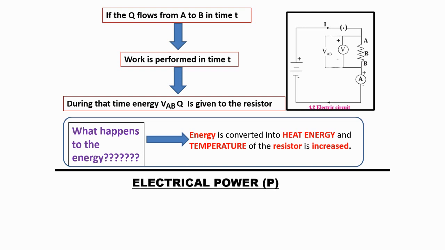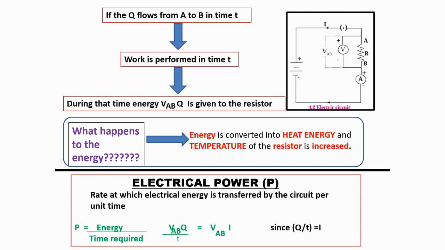Moving on with electrical power. Electrical power is denoted by P, and is given as the rate at which electrical energy is transferred by the circuit per unit time. Now the charges do the work of transferring all the electrical energy through the circuit.